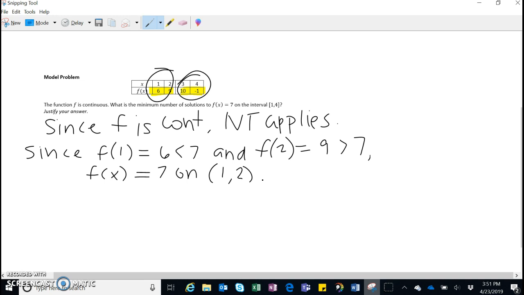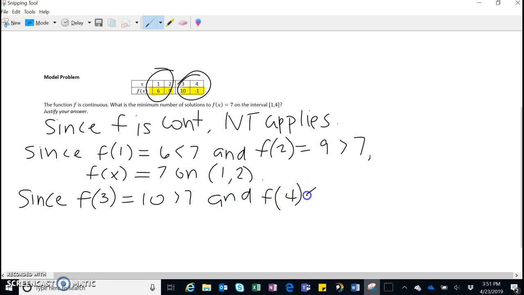I'll do the same thing for the data for 3 and 4. So since f of 3 is 10, which is greater than 7, and f of 4 is -1, which is less than 7, my function must equal 7 on this small window of 3 to 4.